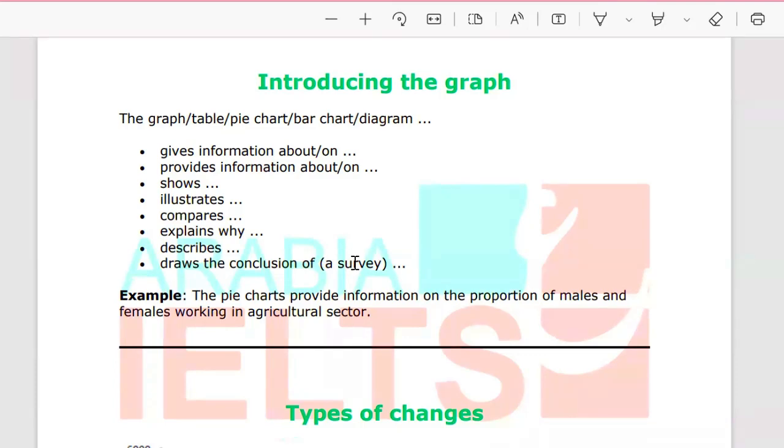Or you can say, let's have a look at this pie chart, or you can say, to illustrate my point, let's look at some charts, right?